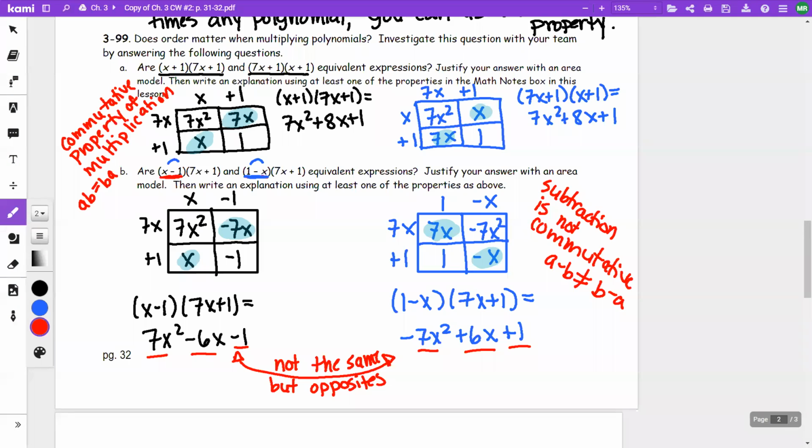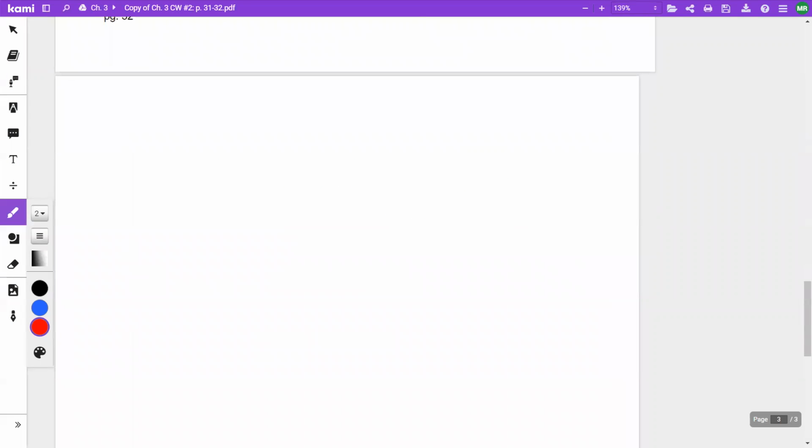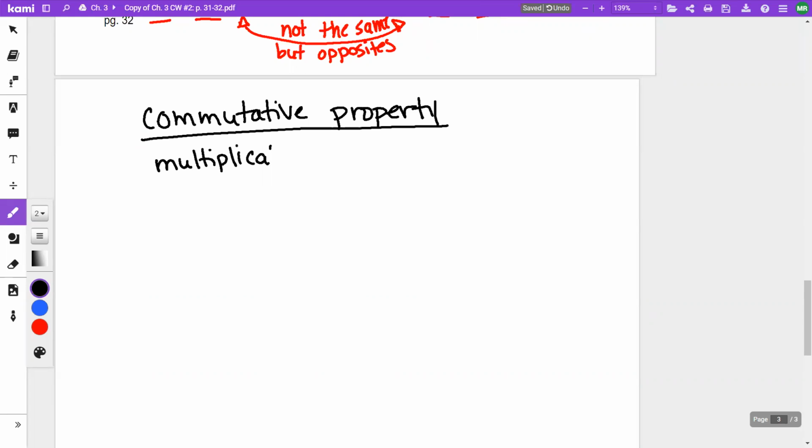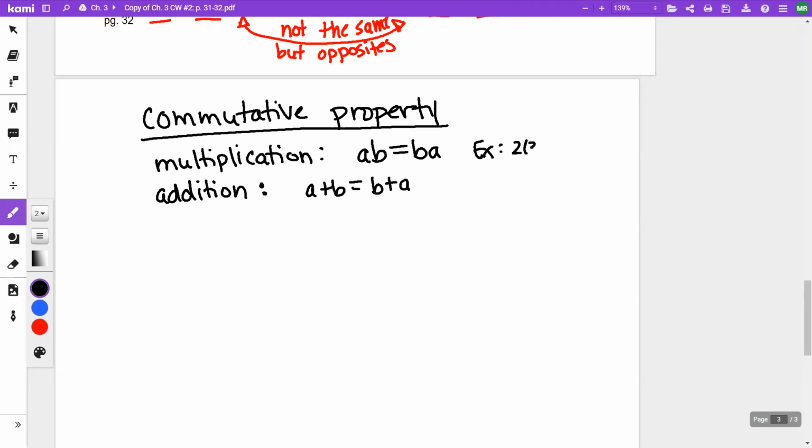We'll put these properties in when I get back into our composition book, but when we're talking about the commutative property, okay, for multiplication, A times B is the same as B times A. For addition, A plus B is equal to B plus A. So kind of as an example, if I did 2 times 3 or 3 times 2, I get the same thing.